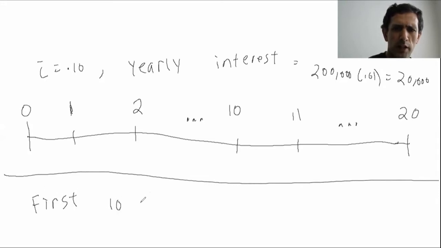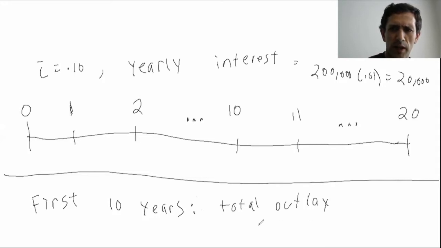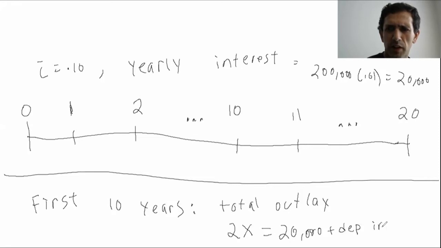So the first 10 years, the total outlay is going to be 2x, which remember is your interest. So it's 200,000 plus your deposit into the sinking fund.